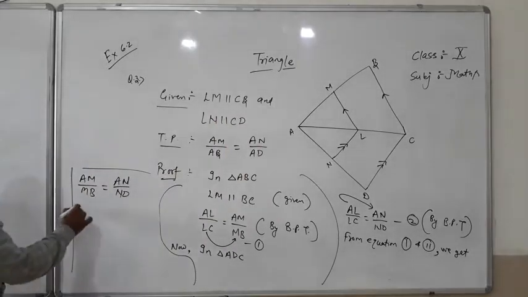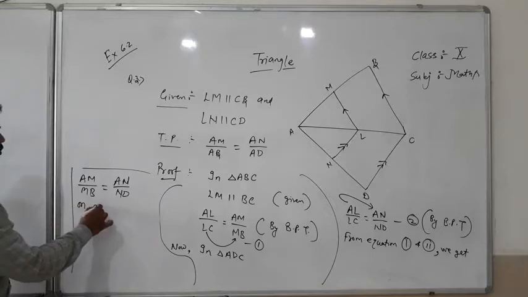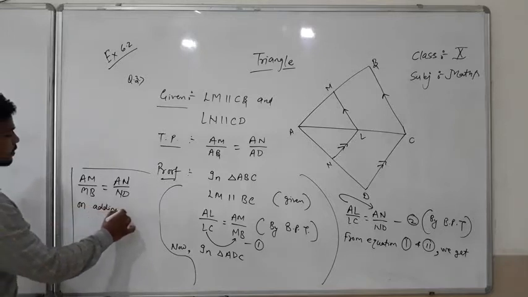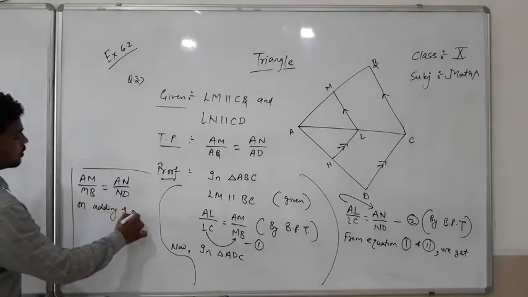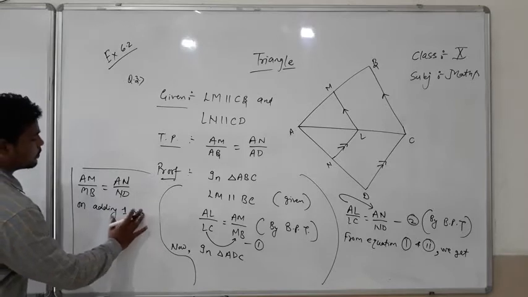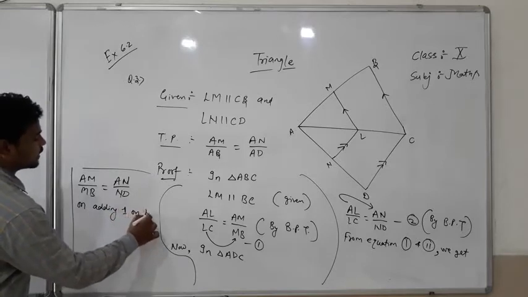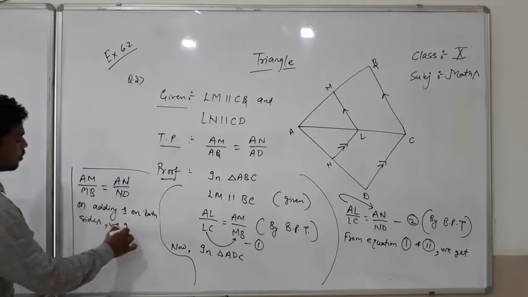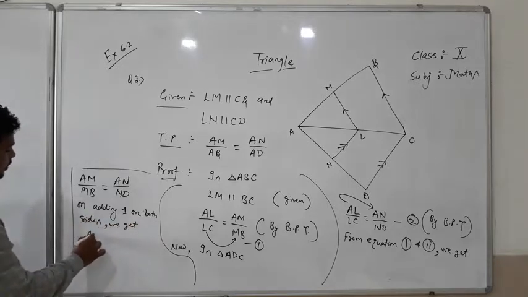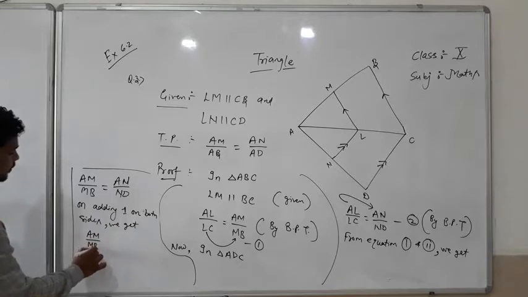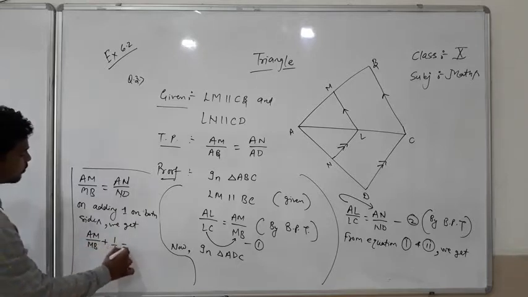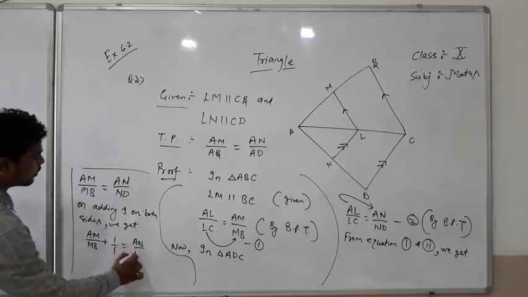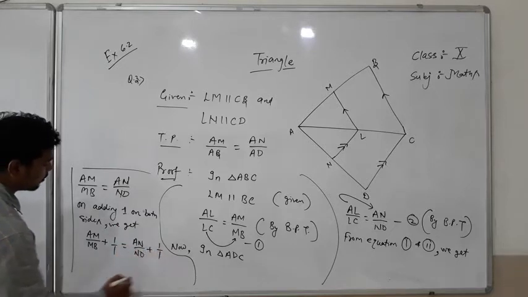Let me write: on adding 1 on both sides, after solving we get AM upon MB plus 1 is equal to AN upon ND plus 1. 1 can be written as 1 upon 1.